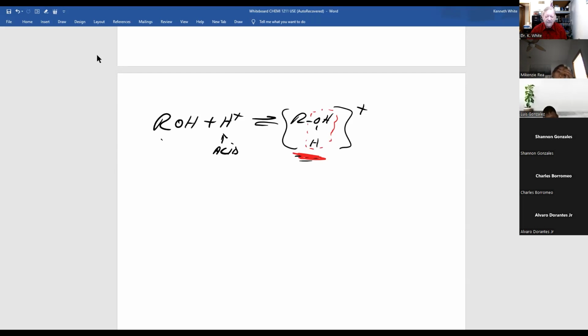An oxygen and two hydrogens. What would that be? H2O, water. Now, it turns out whenever in a molecule you form a good leaving group, and water is a very stable leaving group, you lose water and you're left with this.